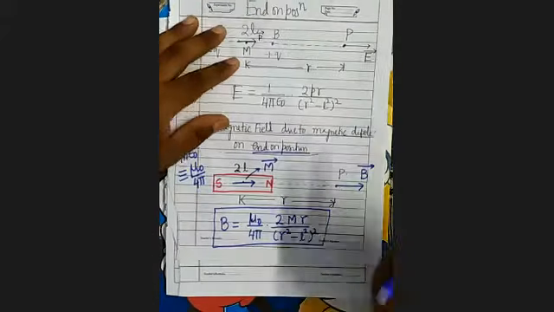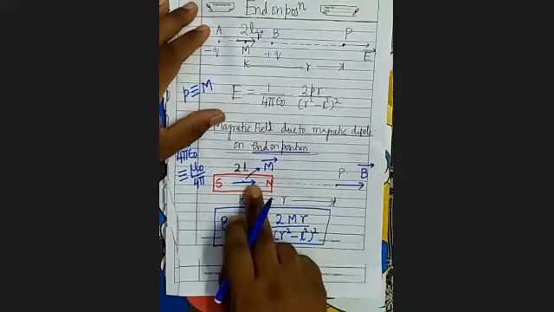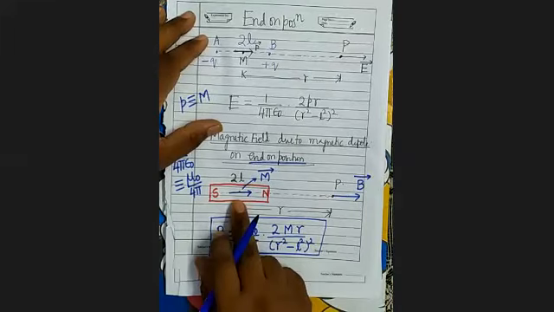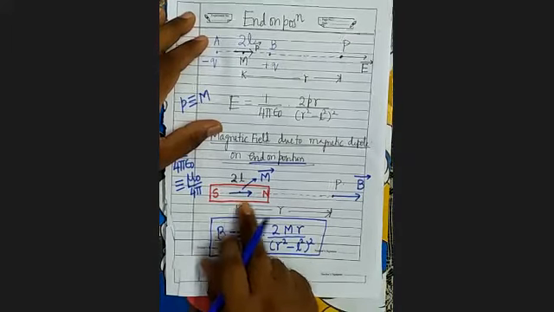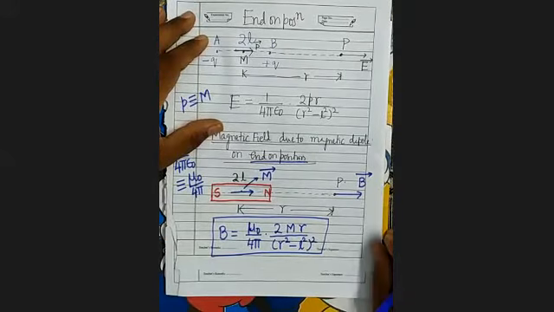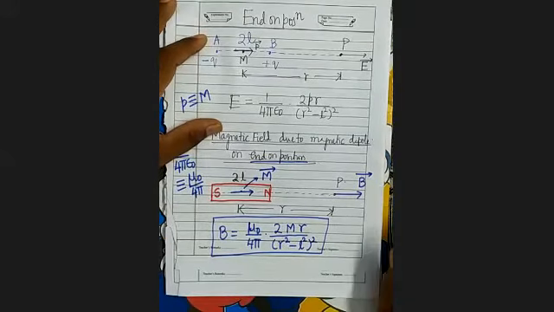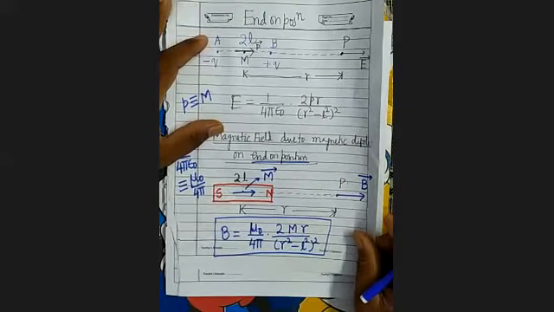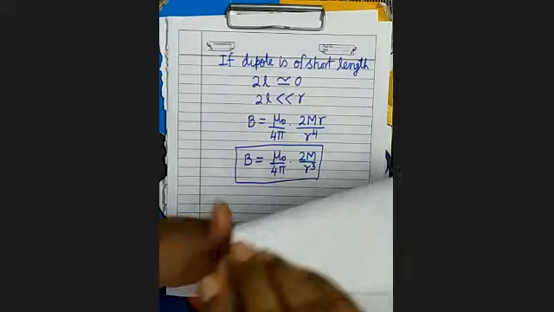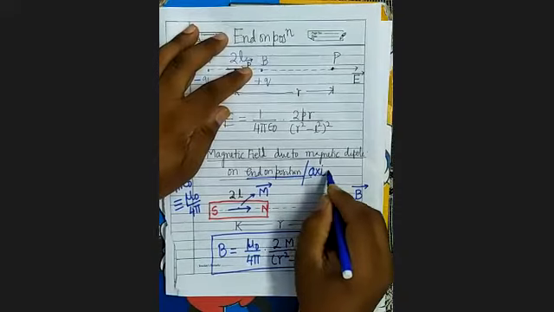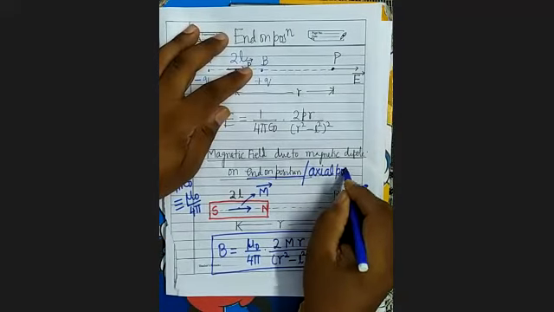Here you will find that vector B and vector M, magnetic field vector and magnetic moment vector, both will be in the same direction. So this is the magnetic field due to magnetic dipole on end-on position. Now you see the end-on position is also known as axial position, that you know. Axial position.